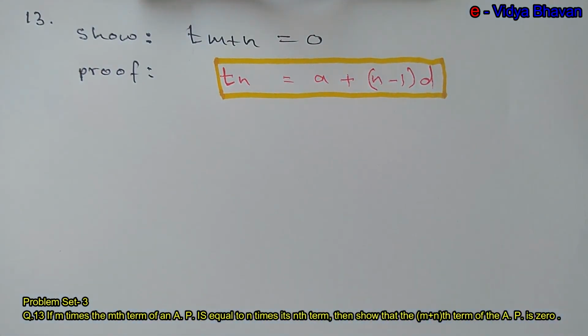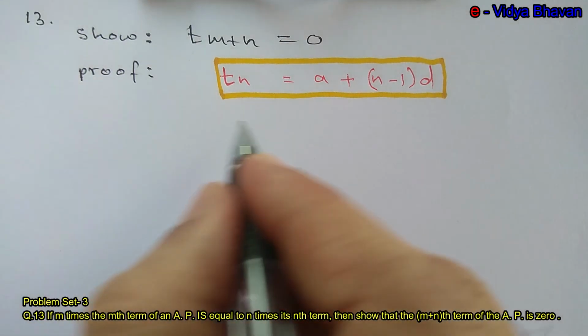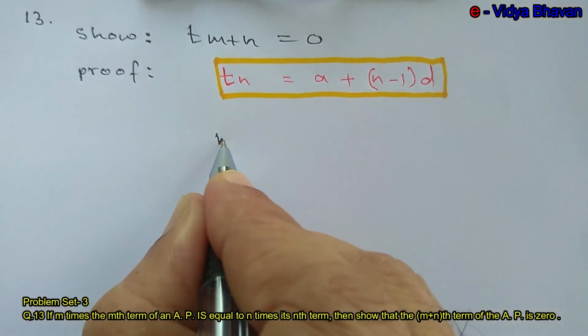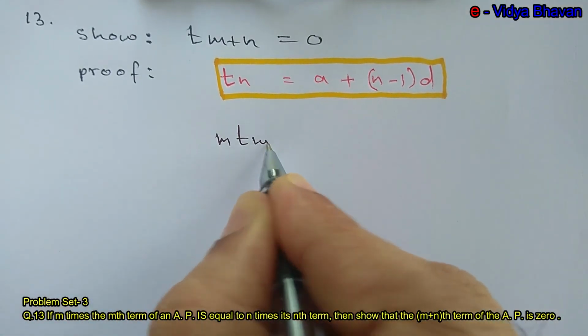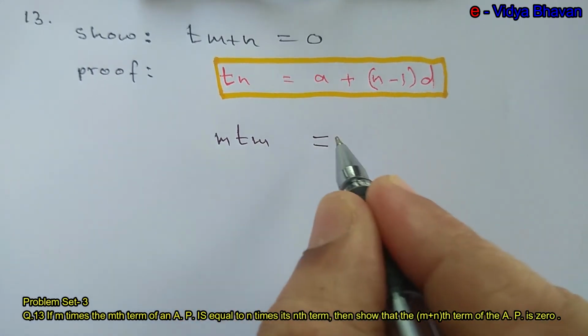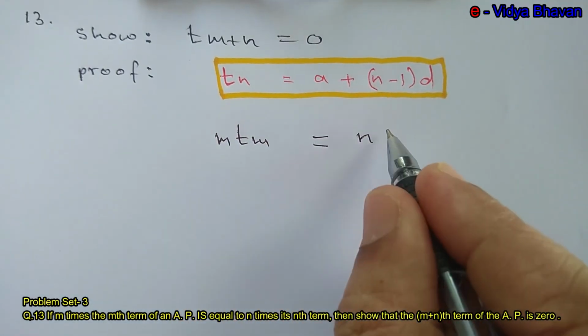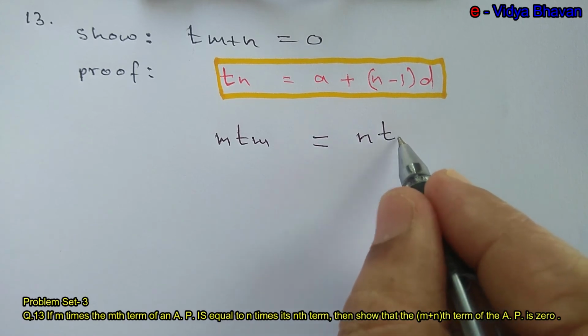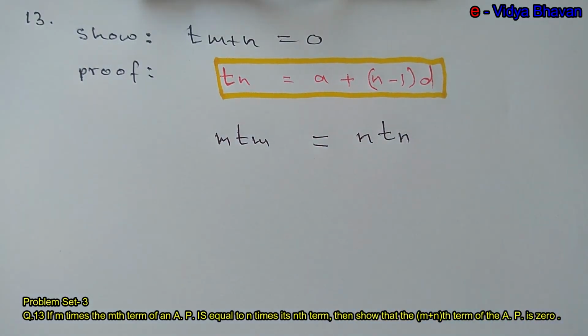Now, they have given in the proof m times Tm is equal to n times Tn.